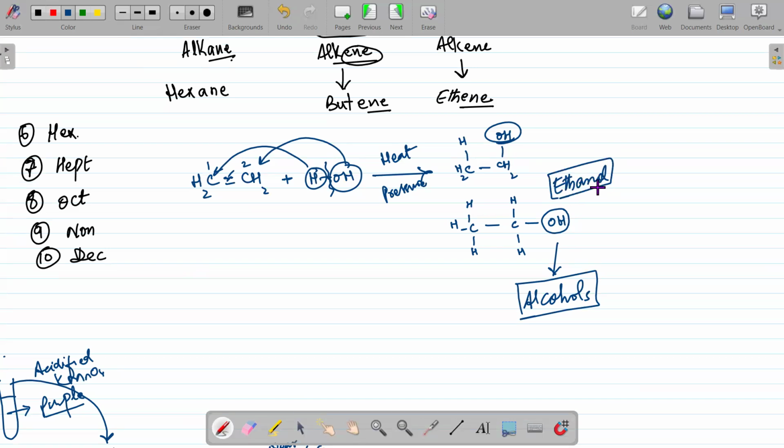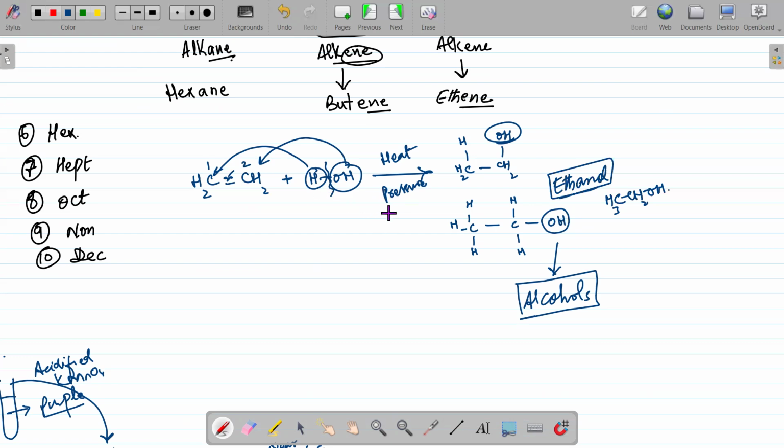Yes. So we can also write down its molecular formula like this: CH3CH2OH. CH3 CH2 and OH, ethanol. Ethanol is a very important alcohol which is used for different purposes. In the perfume industry, ethanol is used as a solvent as well.